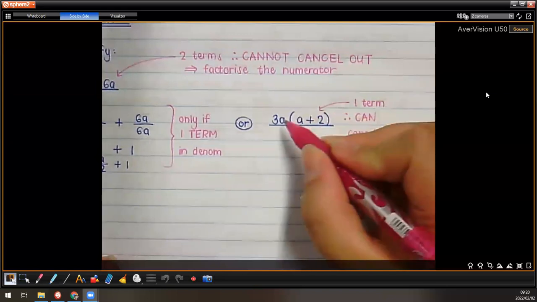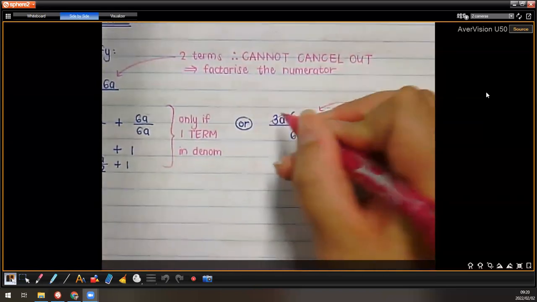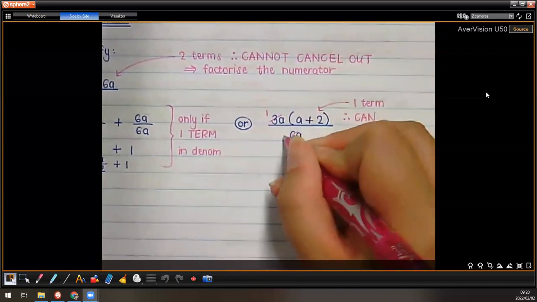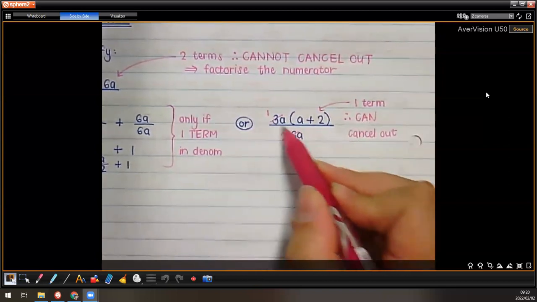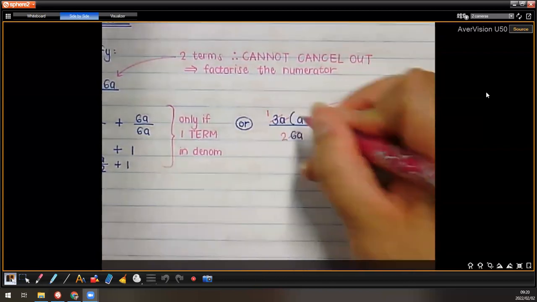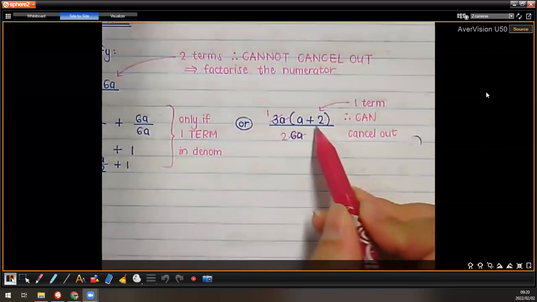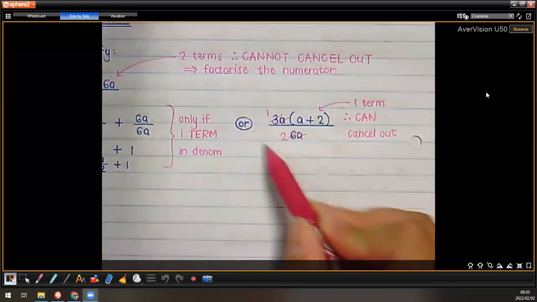Now we're going to say 3 and 6. It's the same calculation as we did over here. 3 goes into itself once and into 6 twice. But now do you see that these a's cancel out, because a divided by a is 1? So they cancel out effectively. So what am I left with? At the top, a plus 2 over 2.